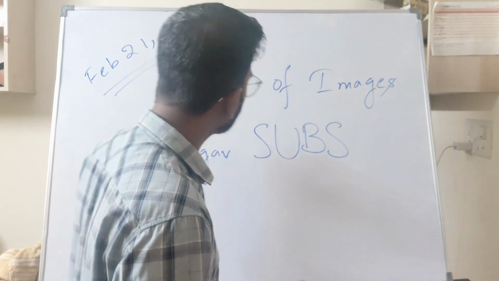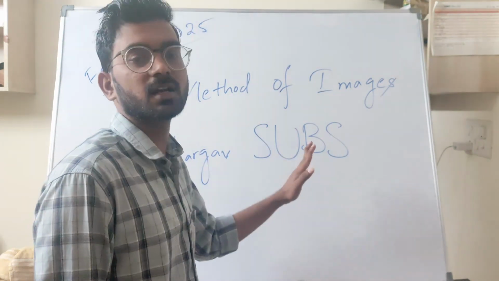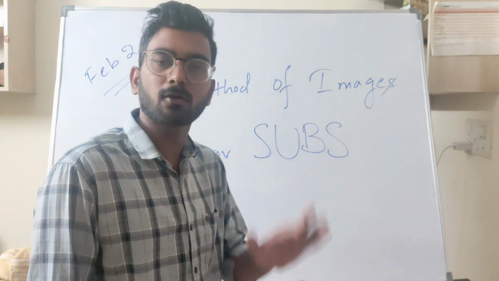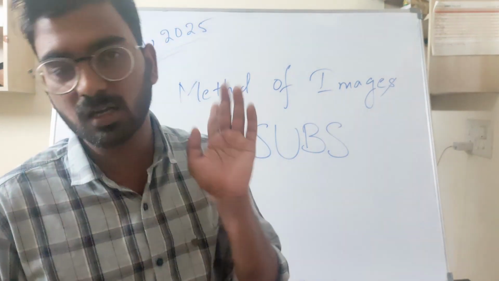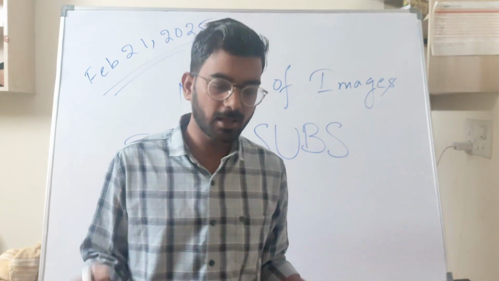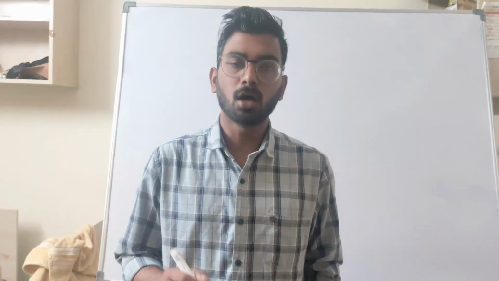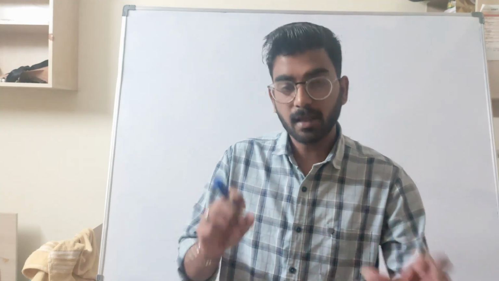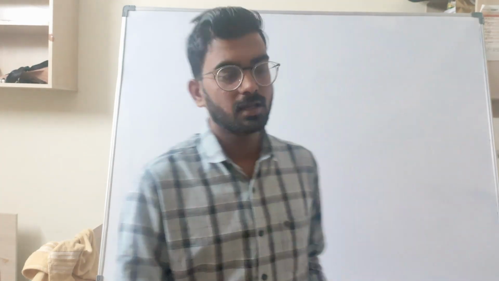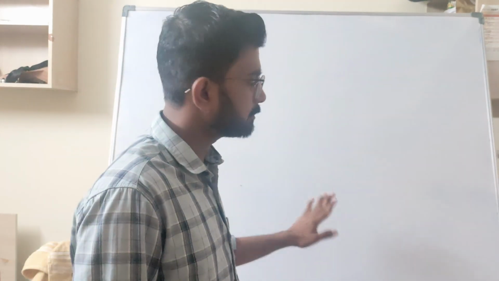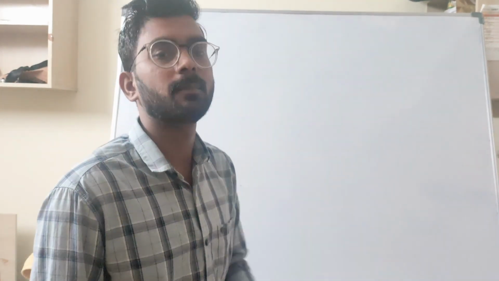So now let us understand how this method of images is used in electrodynamics to find the potential and electric fields. Without going late, let us discuss the exact definition of the method of images. I will write the definition and explain some basic examples where we can apply this method and what the trick is.